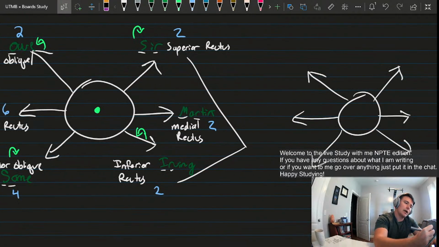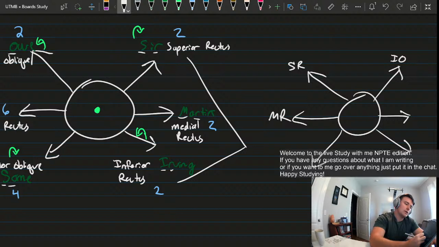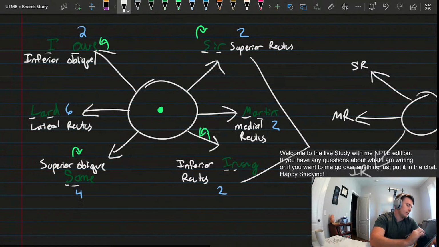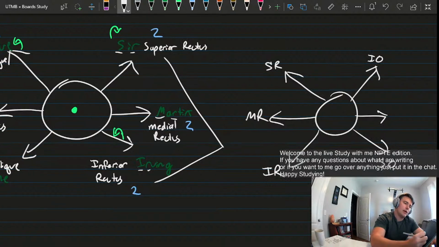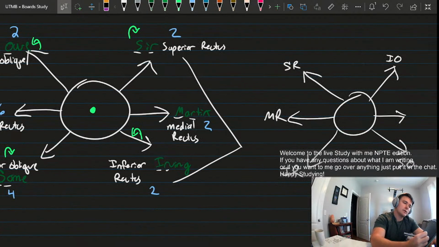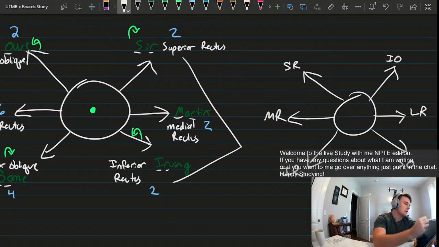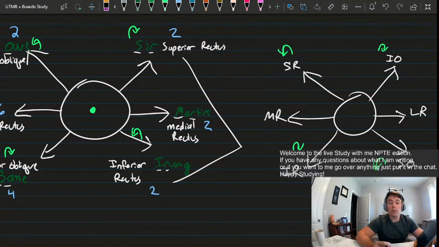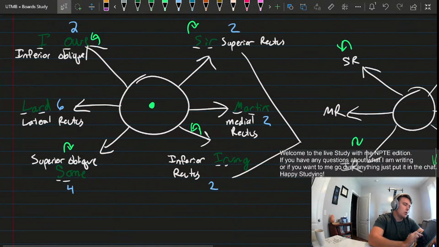So this is IO, so inferior oblique, superior rectus, medial rectus, inferior rectus, superior oblique, and lateral rectus. Okay, same thing. So these are going to be intorsion, same color, but doesn't mean there won't be one on Thursday. So there's the mnemonic and how I'm going to write the eye muscles.